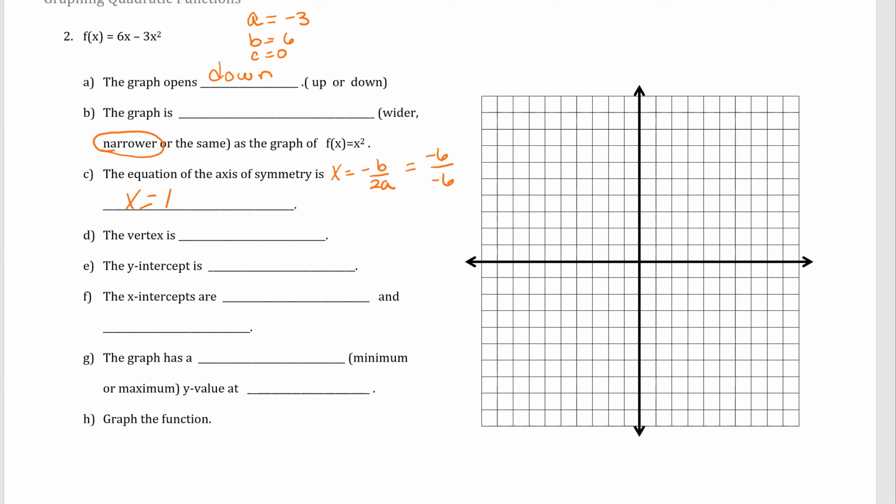To find the vertex, we need to find f of 1, substitute in 1 for x, and we get 3. To find the y-intercept, you set x equal to 0.